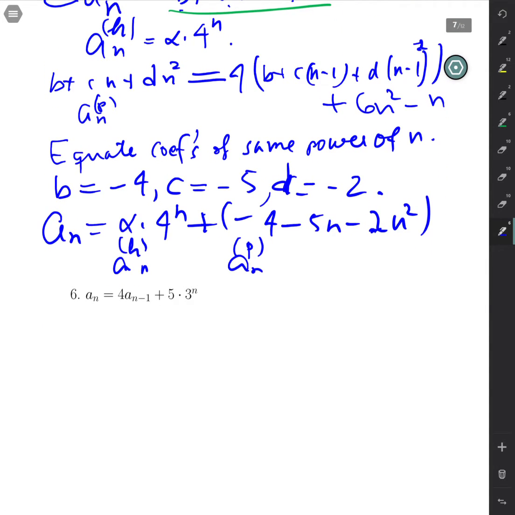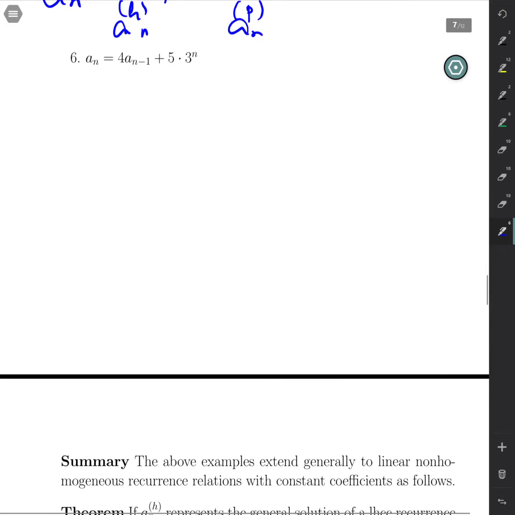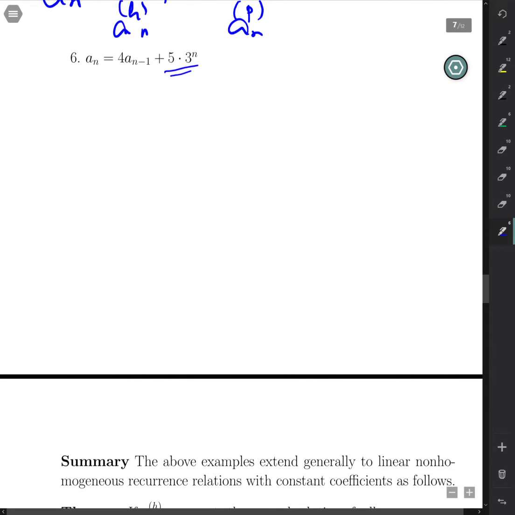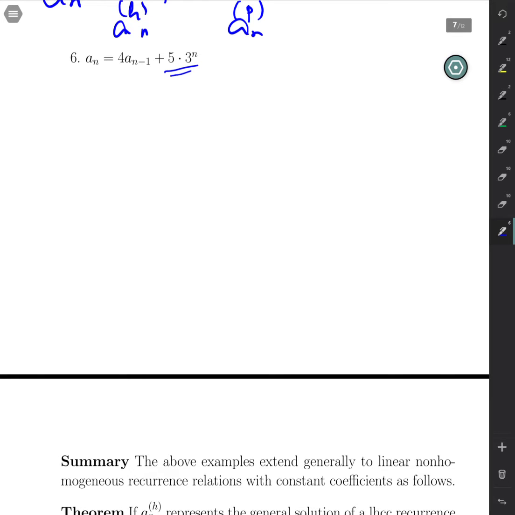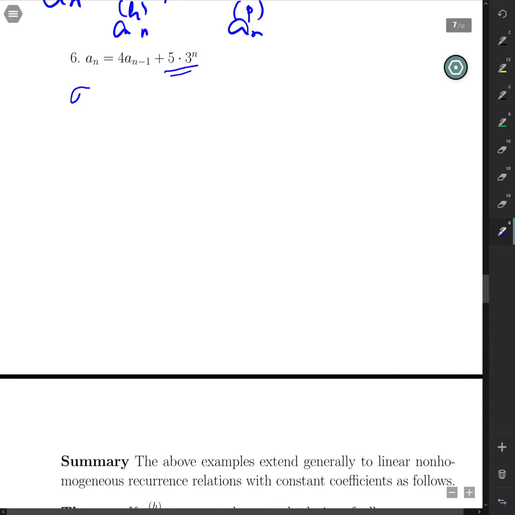Let me just point out what happens when you have, instead of a polynomial over here, that you have some sort of a power. In this case here, I'm going to rewrite that as an minus 4an minus 1 is equal to 5 times 3 to the n. So here's our non-homogeneous part. It doesn't have any terms of the sequence, the a subscripts in it.